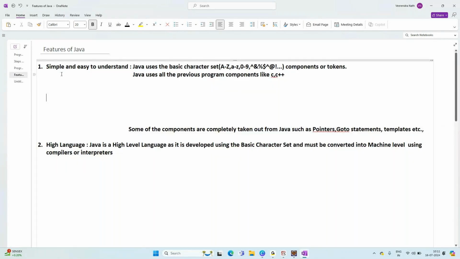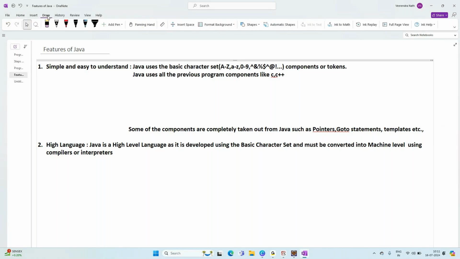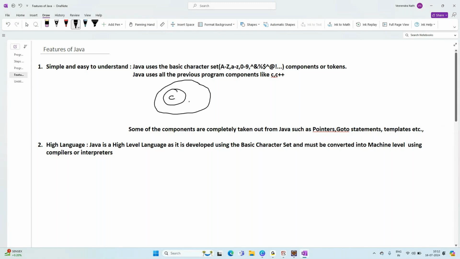As I told you, Java is simple and easy to understand because Java uses the basic character set components. And I told you that Java is taken from the existing languages, like C and C++.